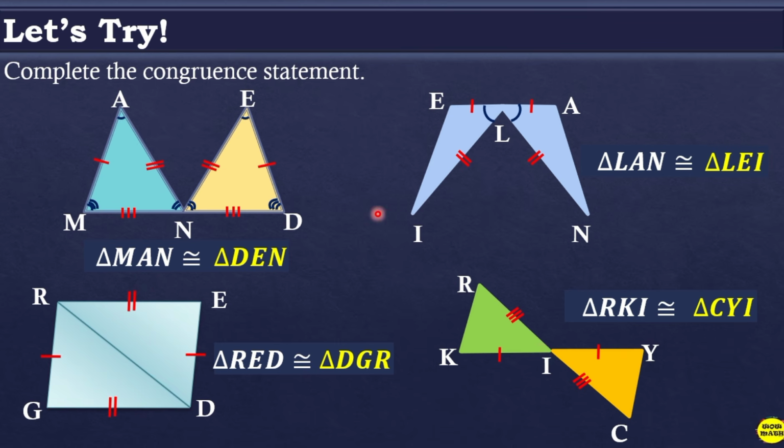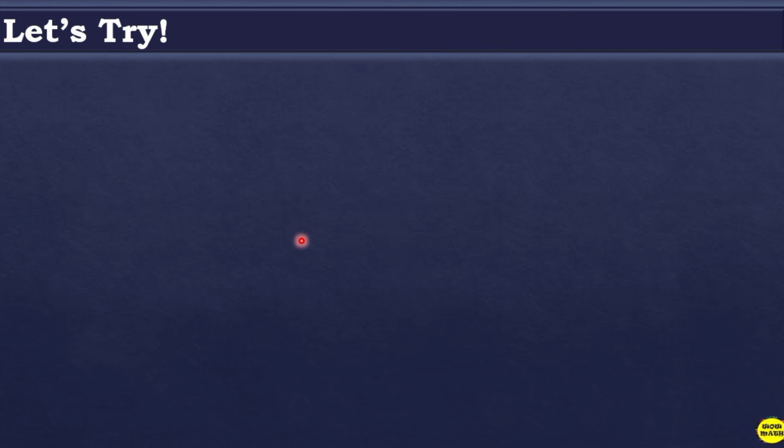Kung halimbawa, ito lang yung triangle mo, ininame mo lang siya, pwedeng mag-rumble-rumble yun. But since we are talking about congruent statement, so dapat yung ibibigay mong name niya ay congruent dun sa first triangle. Okay?